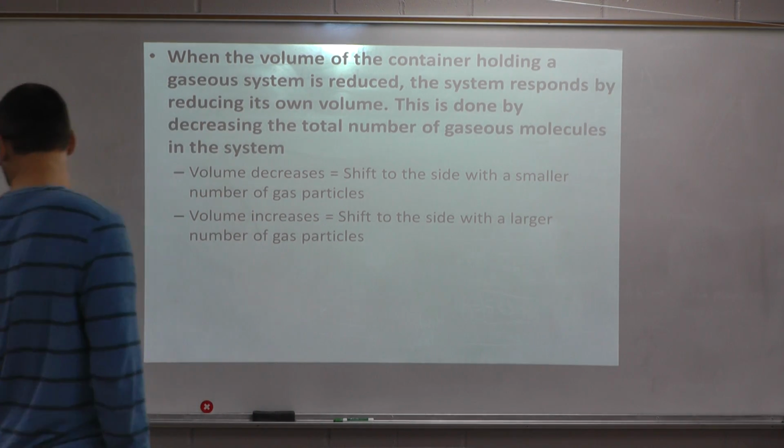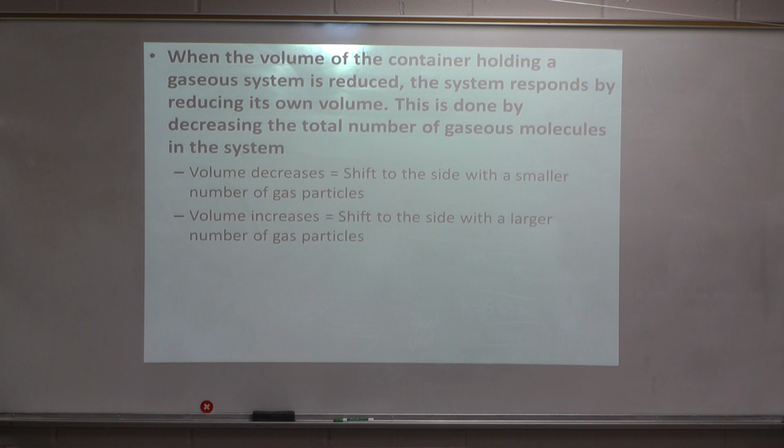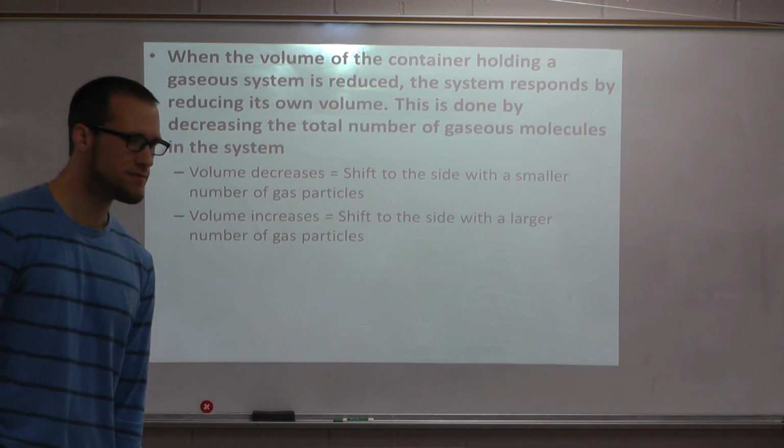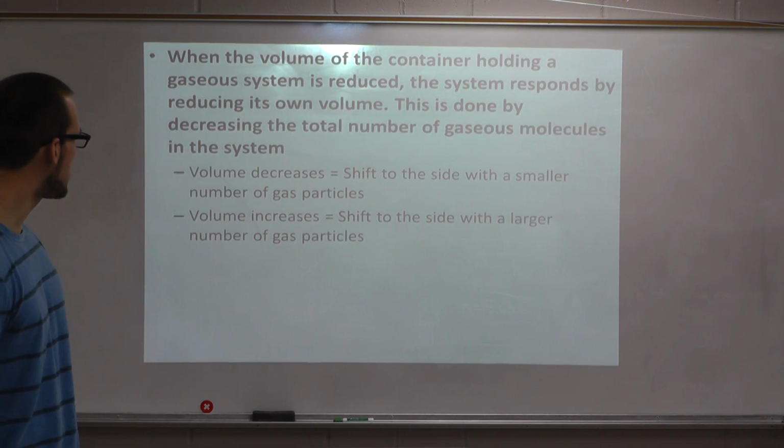Okay. It says when the volume of a container holding a gas is reduced, the system will respond by reducing its own volume. Why? What's the stress here?